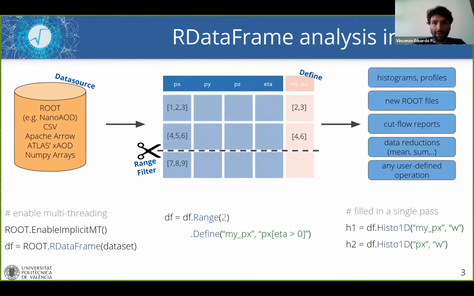RDataFrame is a Pandas DataFrame-like high-level interface to high-energy physics data. It features a declarative interface, with which you can define a set of operations to run on an input dataset, and RDataFrame supports various data sources for that purpose.